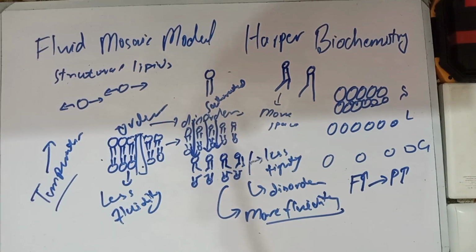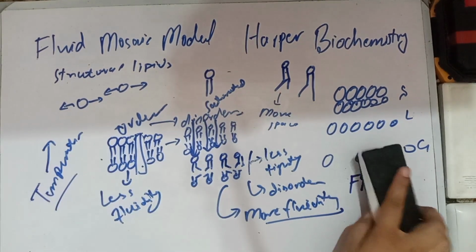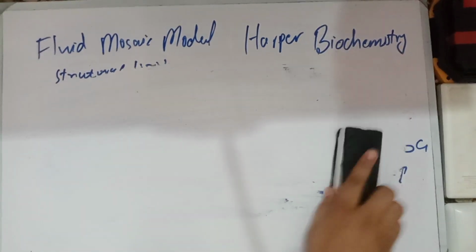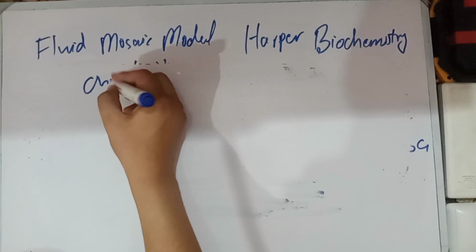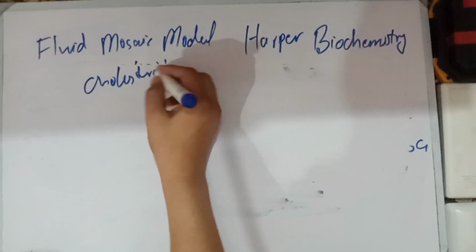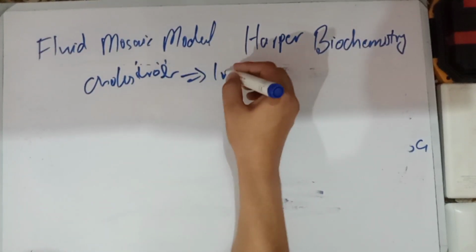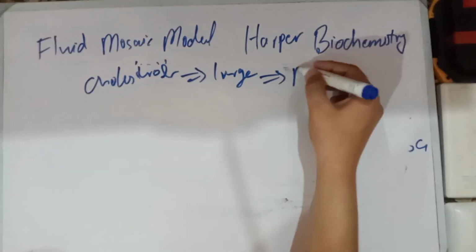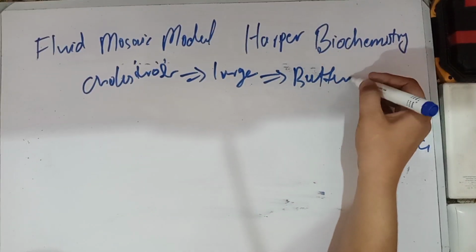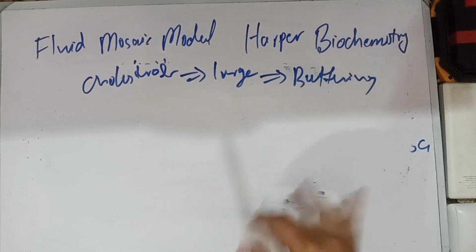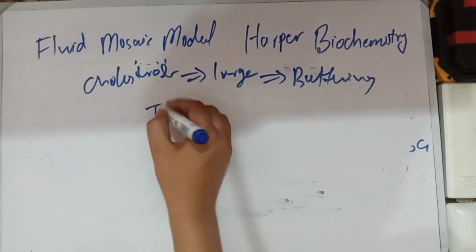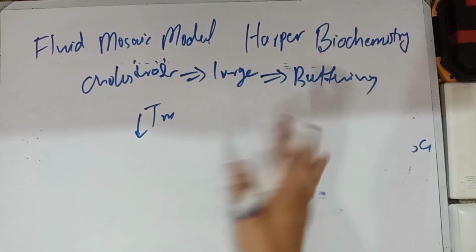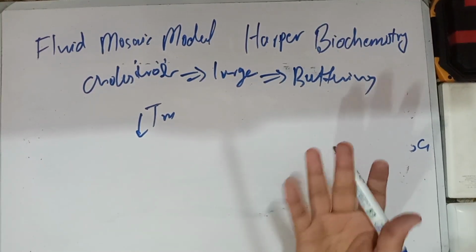Another concept here is the role of cholesterol or sterols. Cholesterol is a large molecule and it plays a buffering role in the fluidity of cellular membranes. How? When the temperature is less than Tm, the membrane should be in a solid or less fluid state.